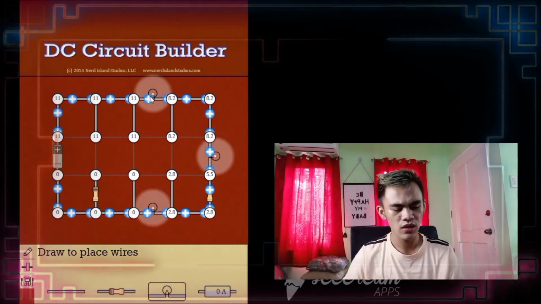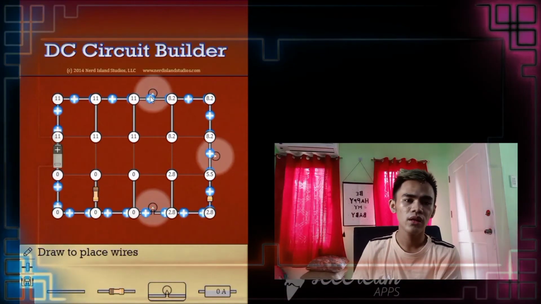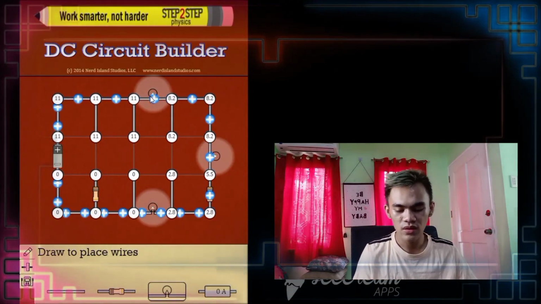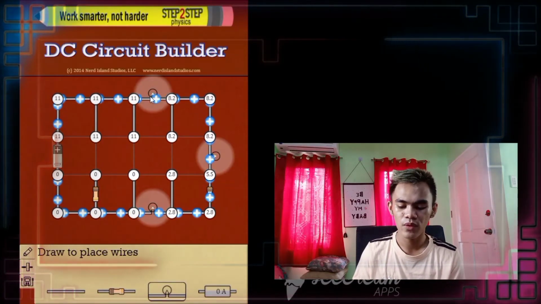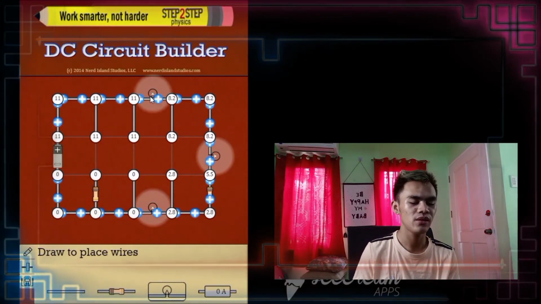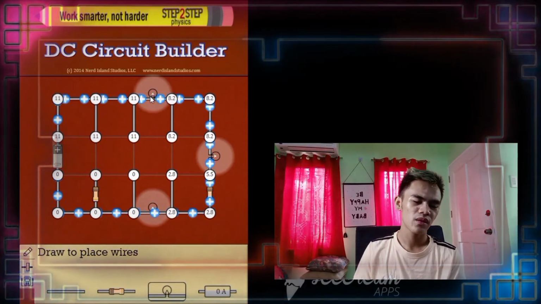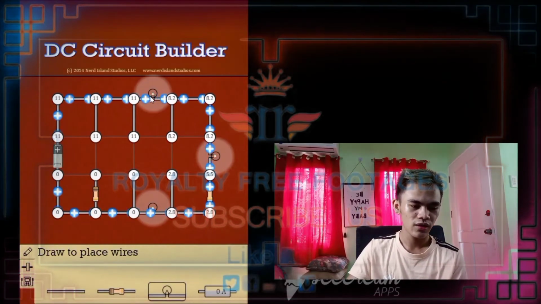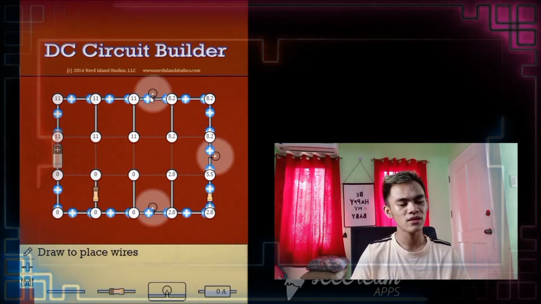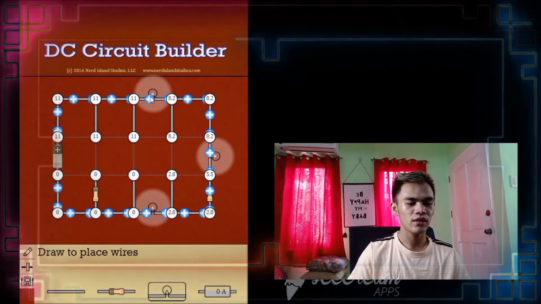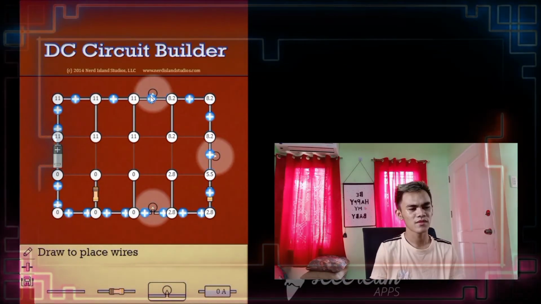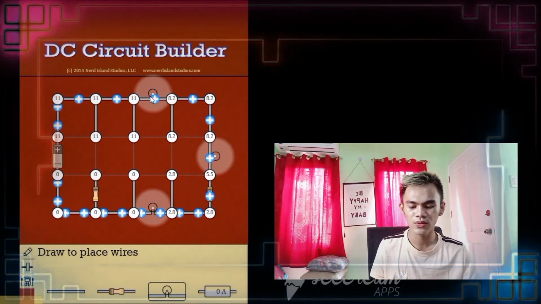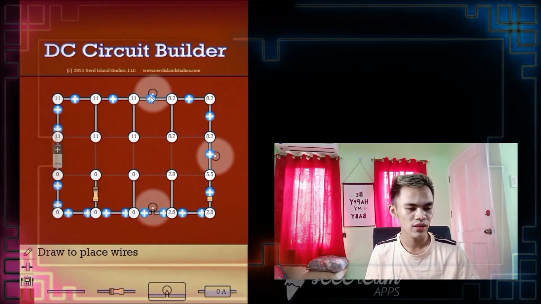The advantage of the series circuit is that the current in all parts of the circuit is the same. This causes the bulbs to light up with the same brightness, so the brightness of the bulbs is distributed equally. And the current in the circuit increases if more cells are connected.